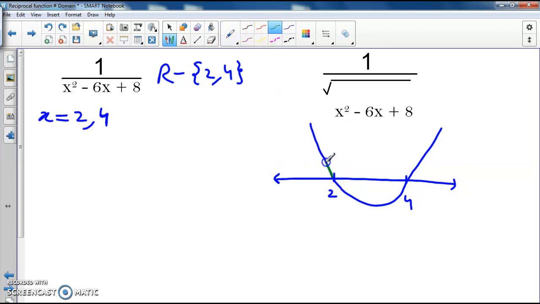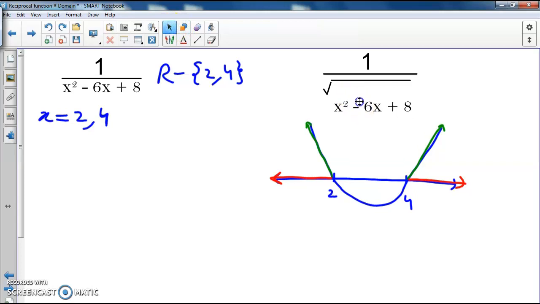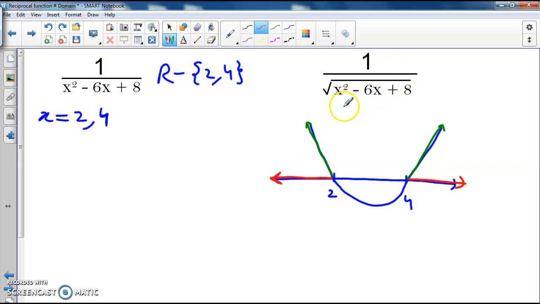The graph of this is positive for x less than 2 or x greater than 4. Therefore, the domain of our original function 1 upon square root of x squared minus 6x plus 8 must be from minus infinity to 2 or from 4 to infinity. That is, it is minus infinity to 2 union 4 to infinity.